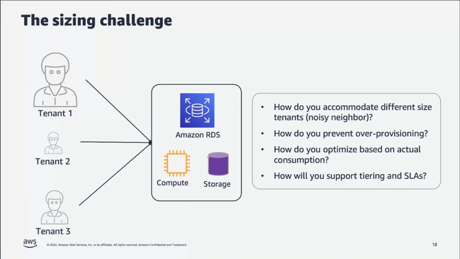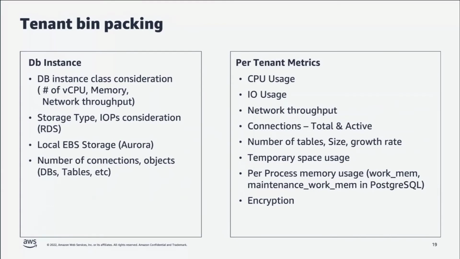So these are some common questions you would ask, and with that, I'm going to take you to the next slide, and let's look into each and every dimension and talk about how tenant bin packing works. Tenant bin packing is basically finding how many tenants can be accommodated in a database cluster. There are a few critical dimensions you would need to check.